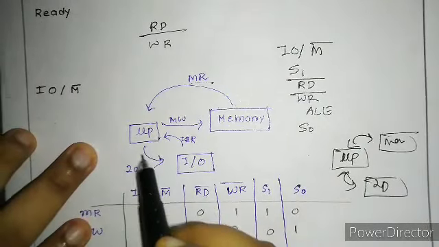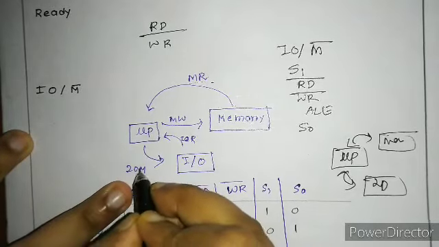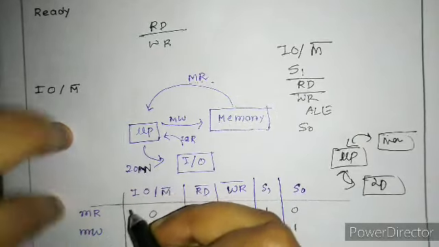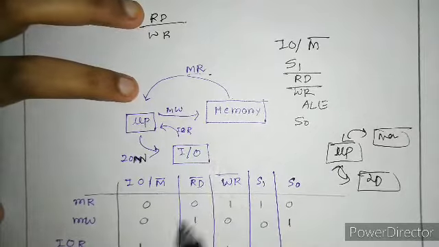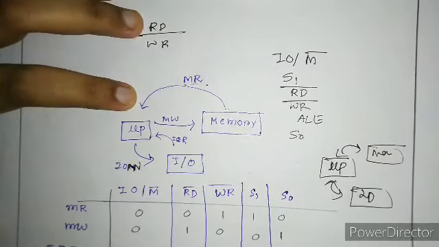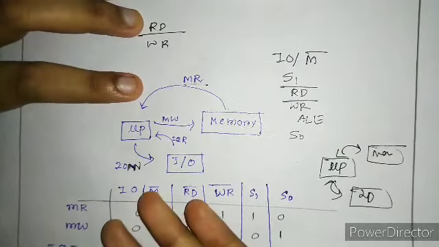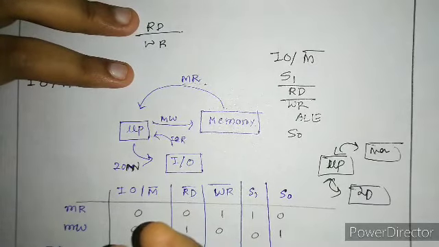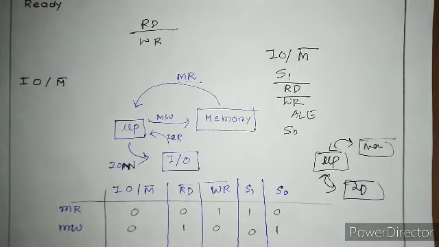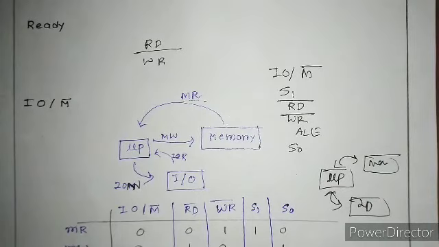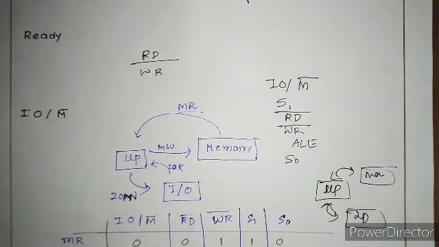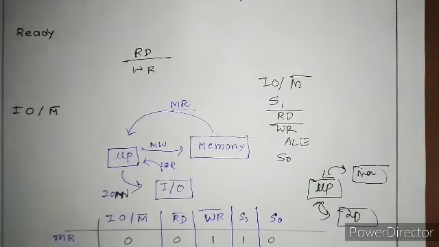I want to write, so it will be IOW. Okay, these four operations can be performed, but for that you also have to produce some signals, only then can it work efficiently. So how can these four operations be performed? By producing signals. What are the four operations here?